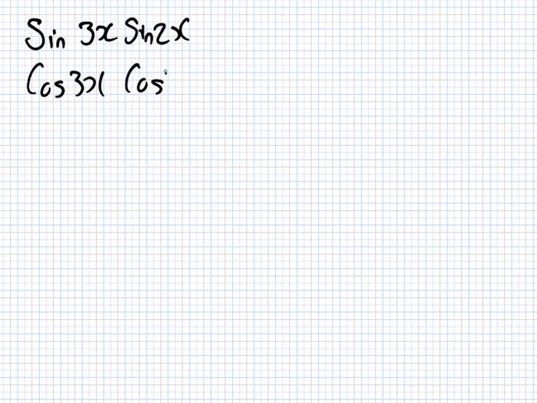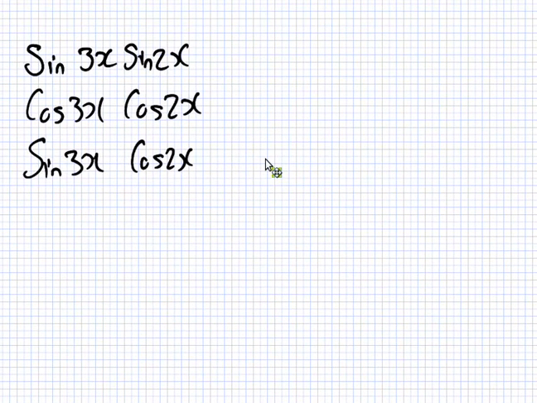So what we'll do is we'll have sine 3x sine 2x, cos 3x cos 2x, sine 3x cos 2x, and we want to write these as sums.